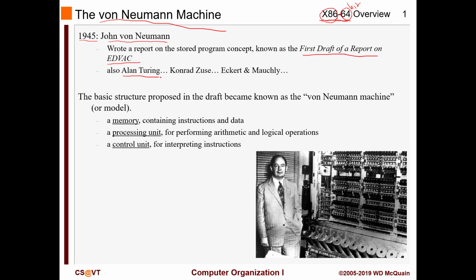There was also Alan Turing, you know him from the movie Imitation Game, Konrad Zuse, Eckert, and Mauchly involved. So the basic structure proposed in the draft is known as the von Neumann machine or model. According to his model, a PC is going to have a memory, processing unit, and control unit. We will be going through them one by one.